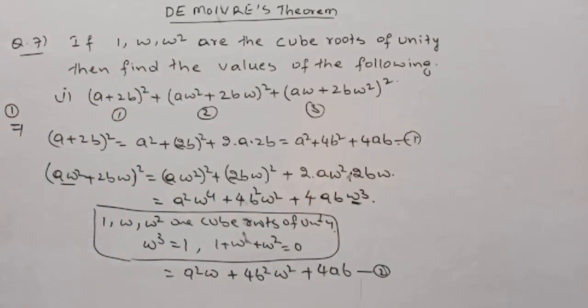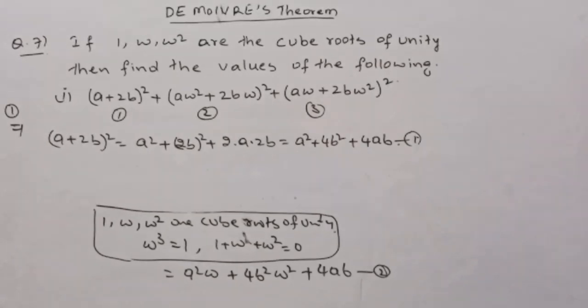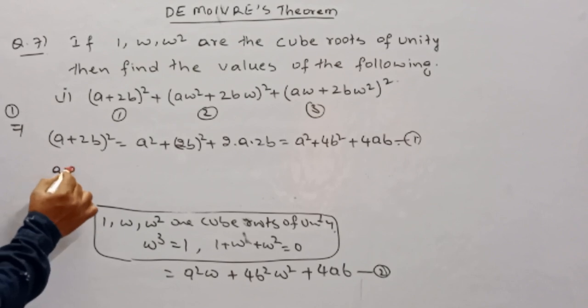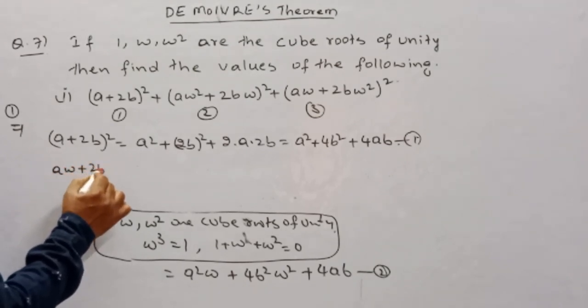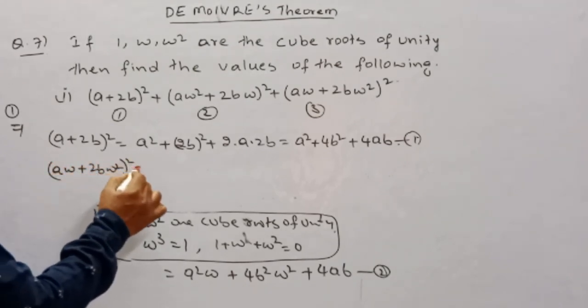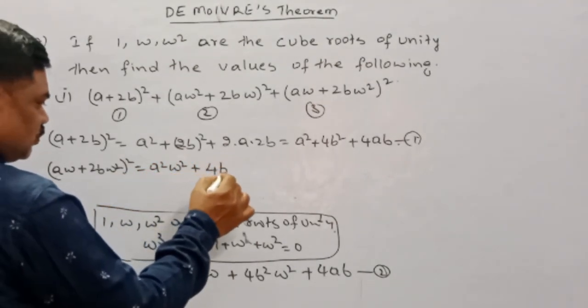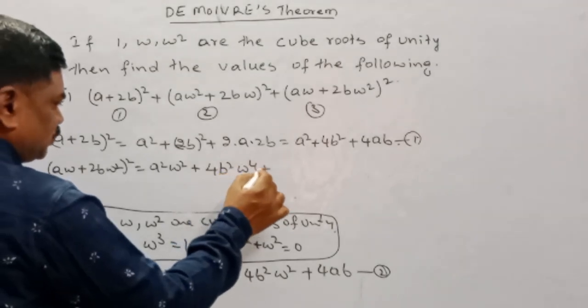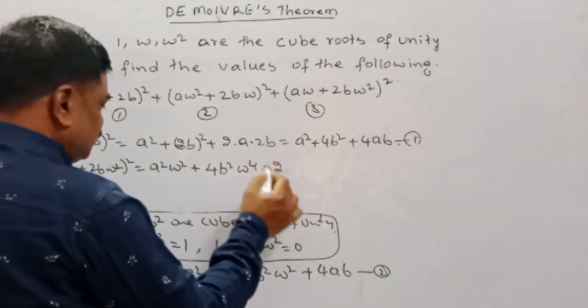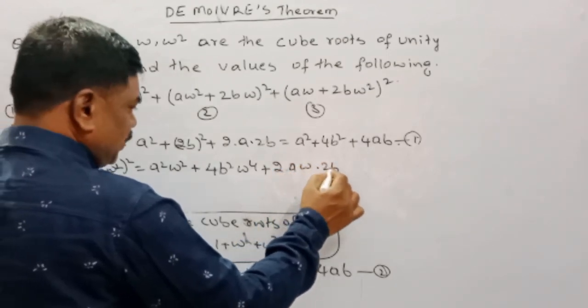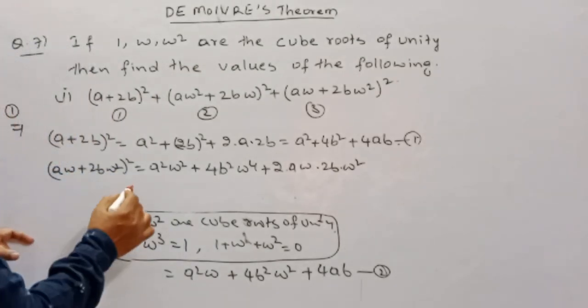Okay, then after you have to write the third one. You take the third one: (a omega + 2b omega square) whole square is equal to a square omega square plus 4b square omega power 4 plus 2 into a omega into 2b into omega square.